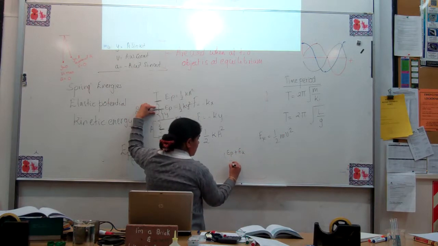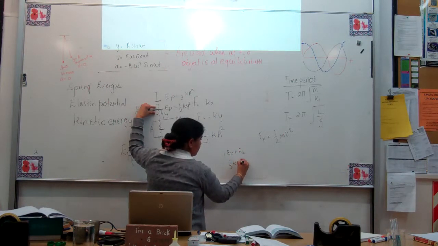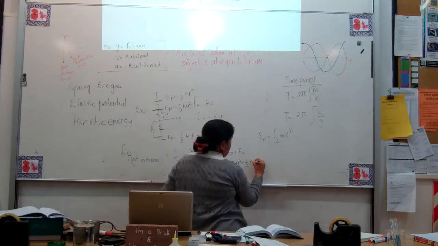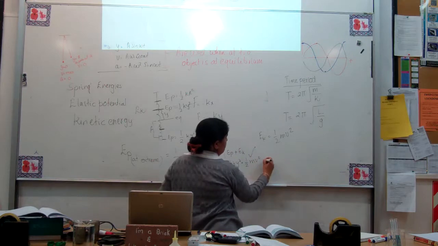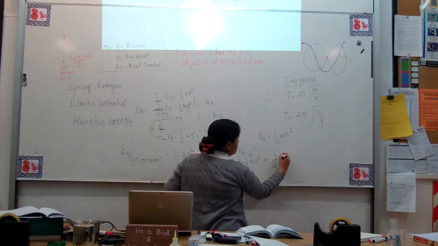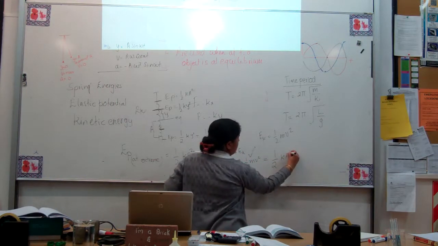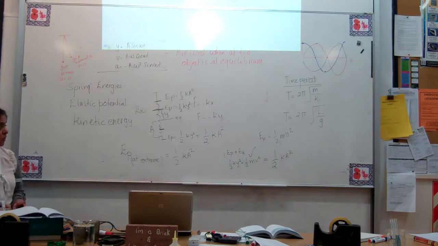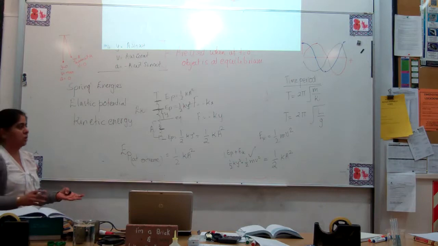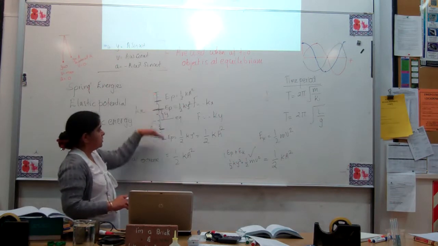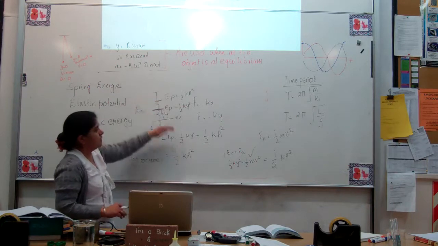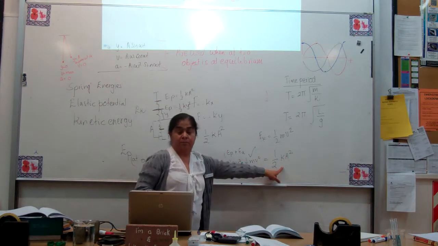EP is half ky squared, plus EK is half mv squared. Mass is known, and we also know the total energy is half ka squared. Because in a real situation we are ignoring any energy loss. Energy is just changing from one form to another. So the total anywhere is going to be half ka squared.